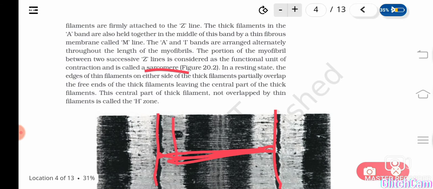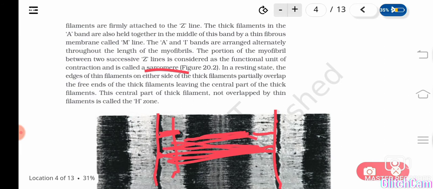So it includes what? Half of one I band, a full A band, okay, and half of another I band, isn't it? So this much is known as what?